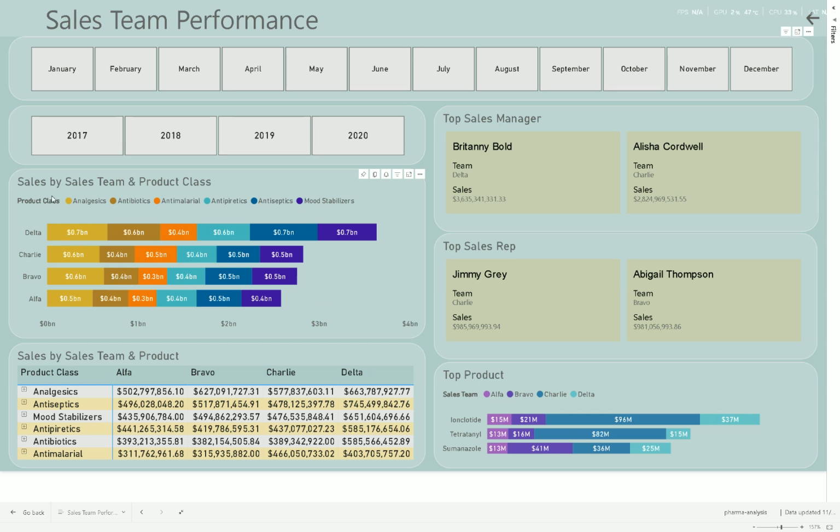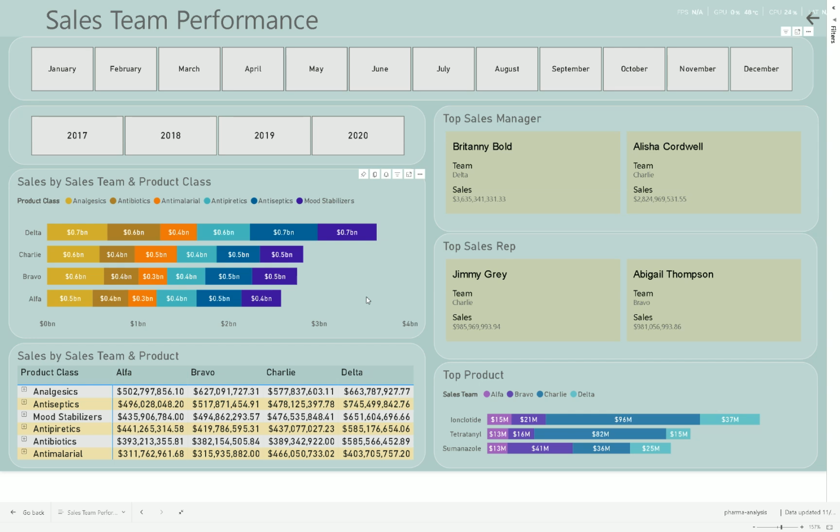The observation is that Team Delta was consistently outperforming all others across almost all product subclasses, as we can see from the data for Delta. Team Charlie and Bravo were following up, while Alpha has relatively lower contribution. This indicates team capability differences, and it provides direction for performance improvements also.